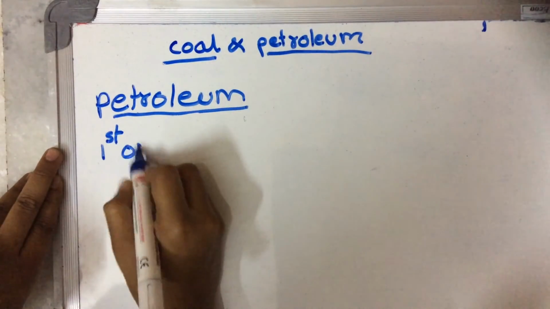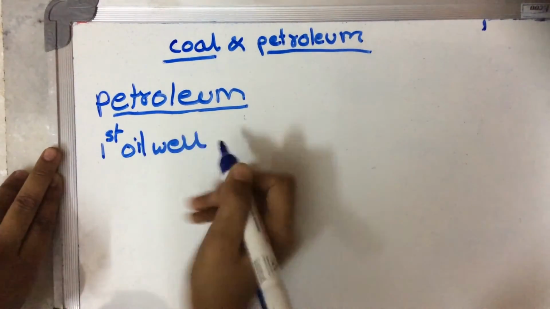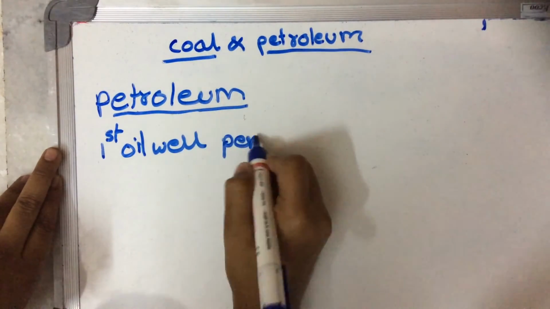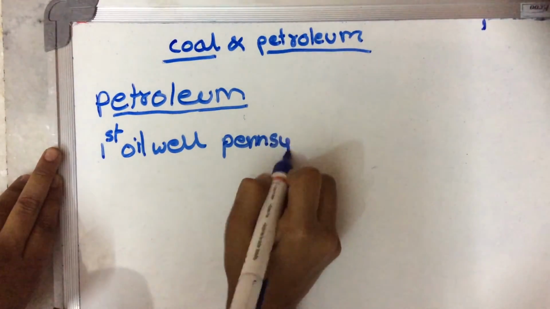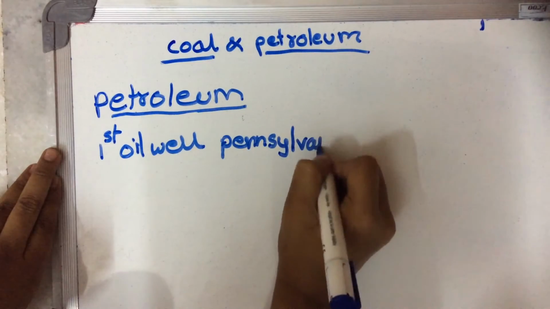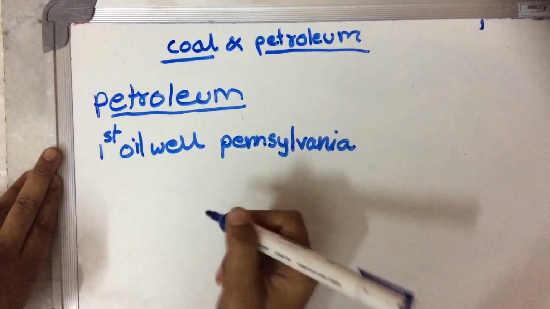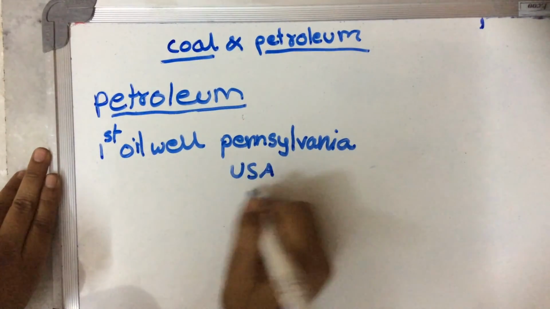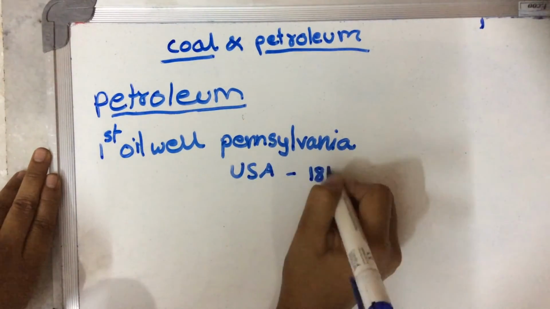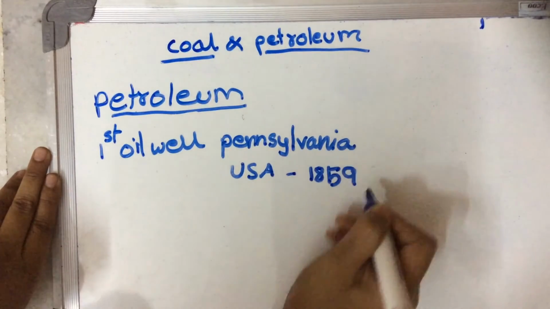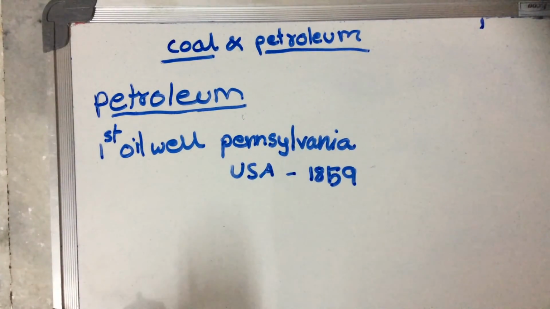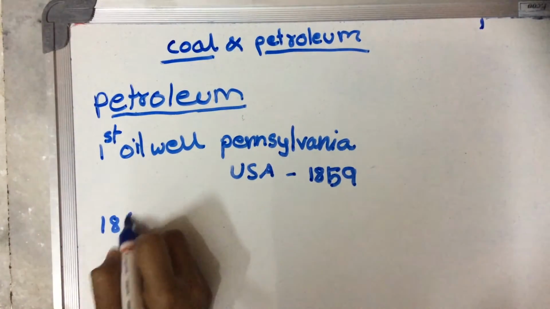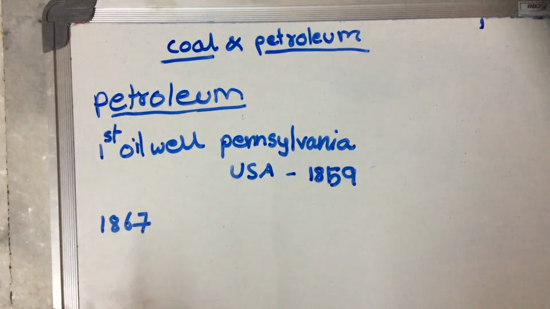Eight years later, in 1867, oil was struck at Makum in Assam.